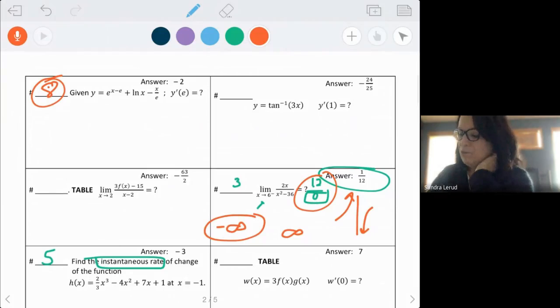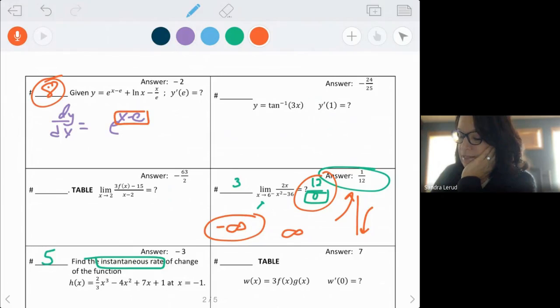Okay, for this one, we're doing the derivative at e. Keep in mind, e is a constant in this scenario. It is like 2.7-ish. So when we do our y prime or dy/dx, the derivative of e to the u is e to the u times u prime, and the derivative of x minus any constant is just 1.